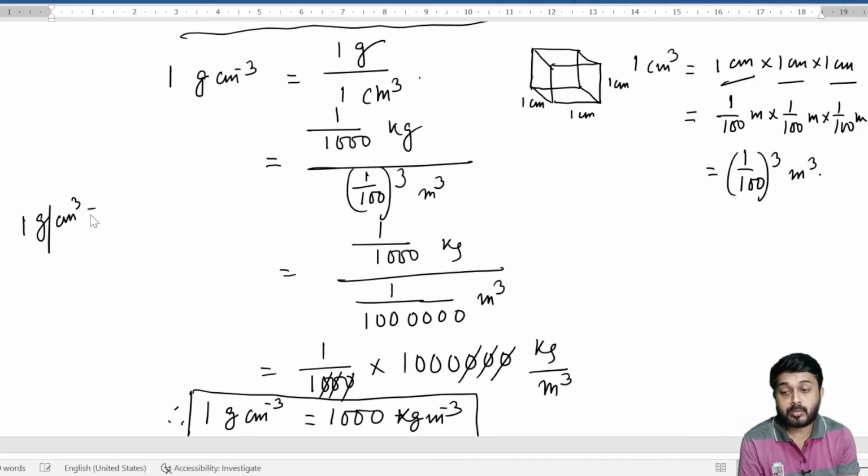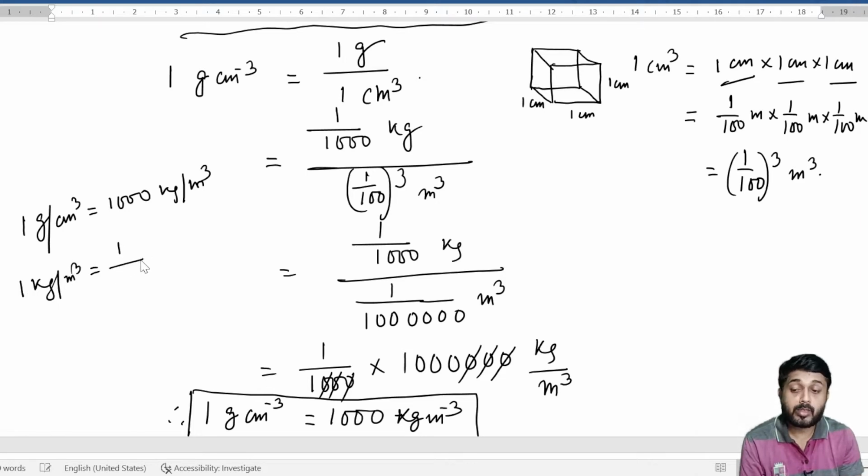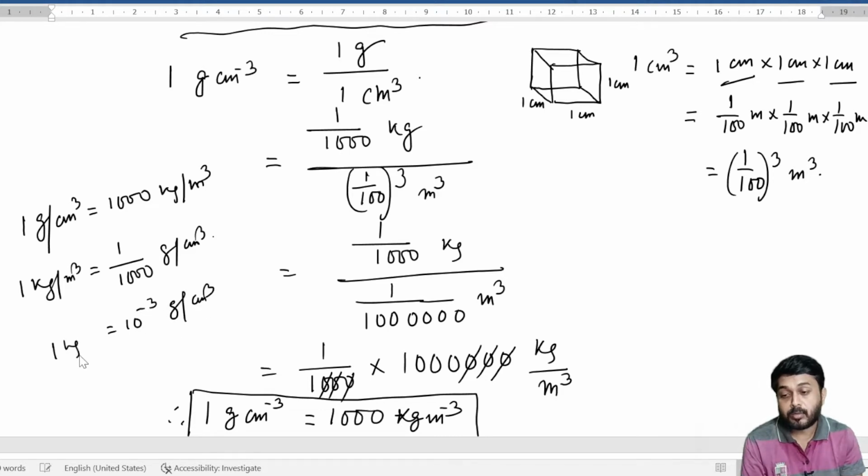One gram per centimeter cube is equal to 1000 kg per meter cube, or you may also write 1 kg per meter cube is equal to 1 by 1000 gram per centimeter cube, or 10 to the power minus 3 gram per centimeter cube. Is it clear? So each of these relations is correct.